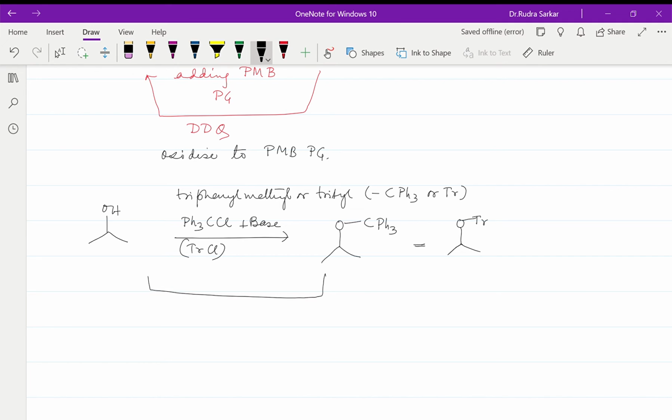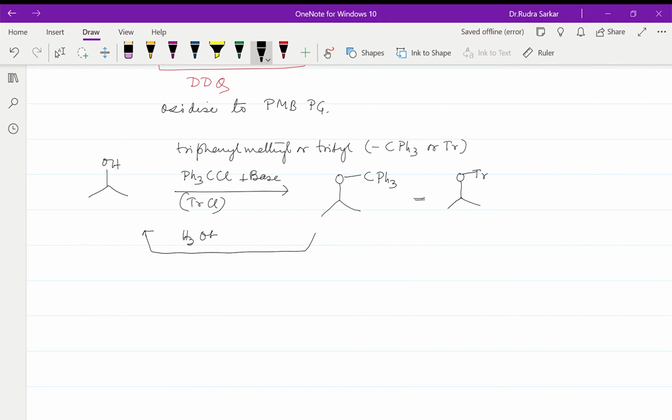Now, when we are to think about deprotection, we simply treat this with acidified water, and so over here hydrolysis will take place and remove the Tr protecting group.